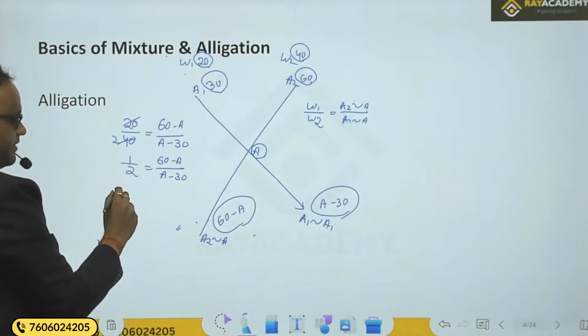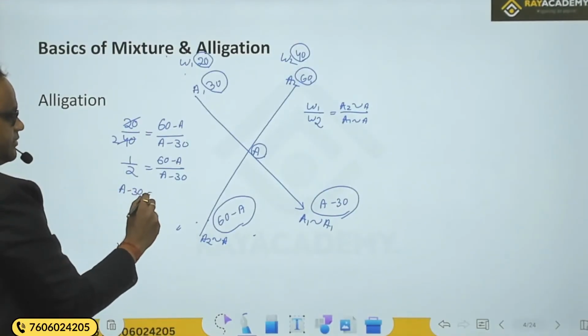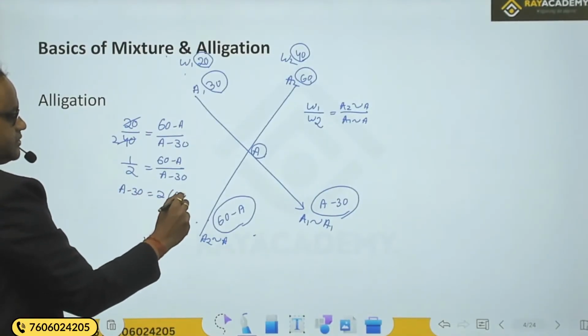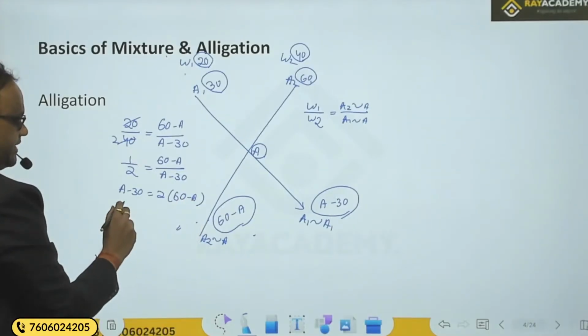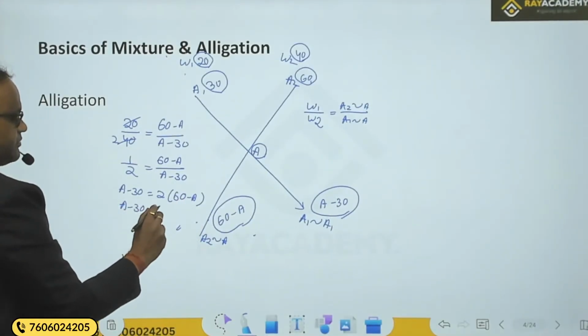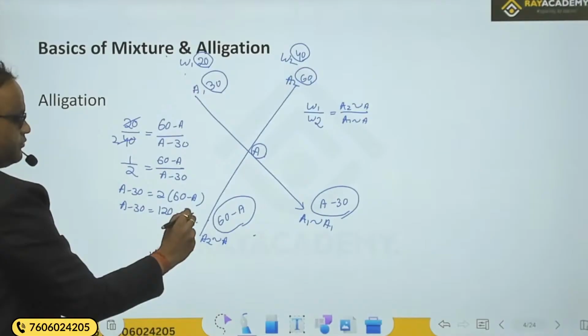Now do some calculation. 20 by 40 is 1 by 2, equals 60 minus A divided by A minus 30. Cross multiplying, A minus 30 equals twice of 60 minus A. So A minus 30 equals 120 minus 2A.